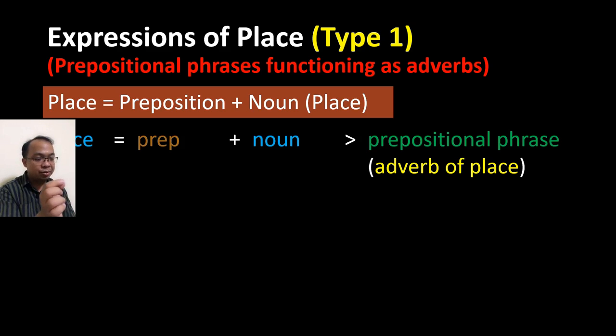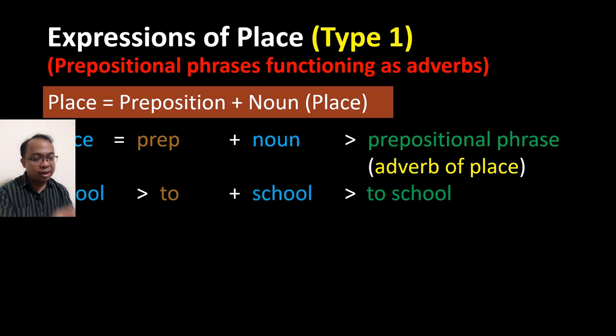So when you take a preposition plus a noun with a place related meaning, what you will get is a prepositional phrase. We call it a prepositional phrase, and when we are talking about its function, it functions as an adverb of place. Okay, good. Now let's see a real example. School is a place noun, right?